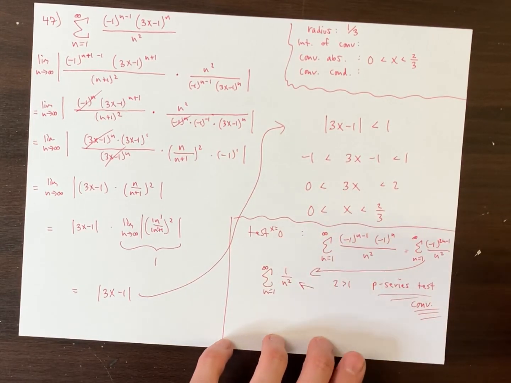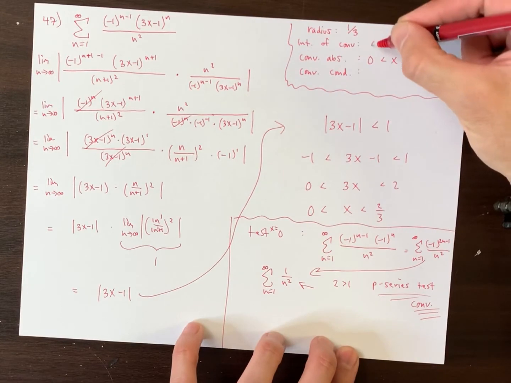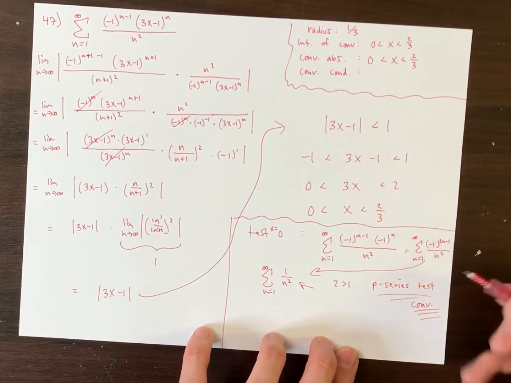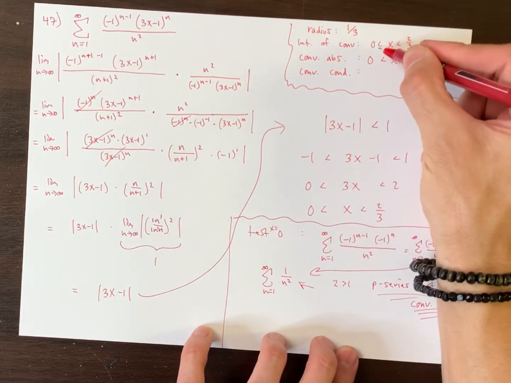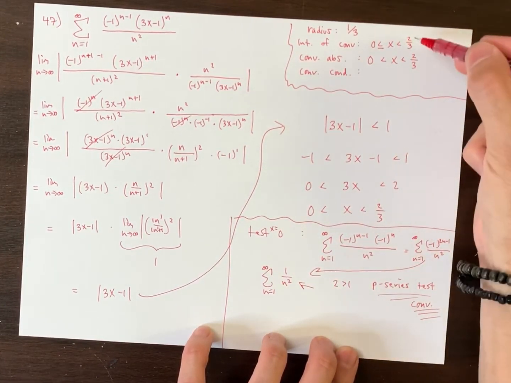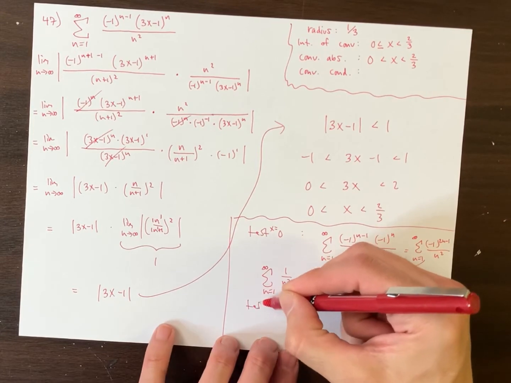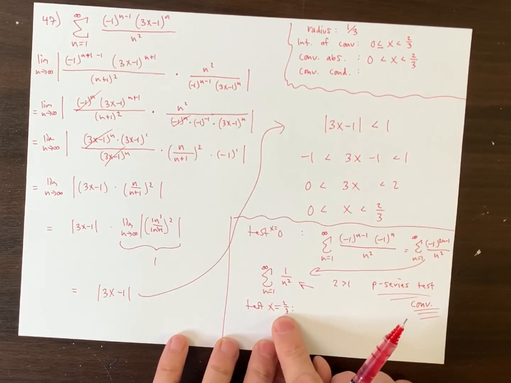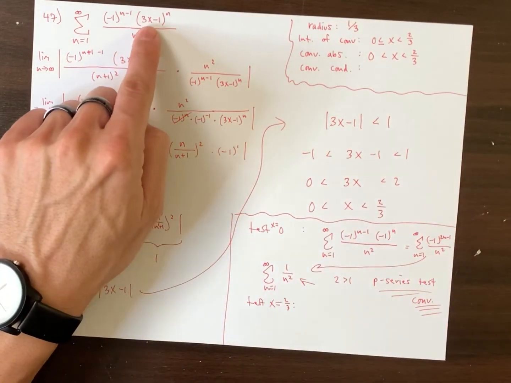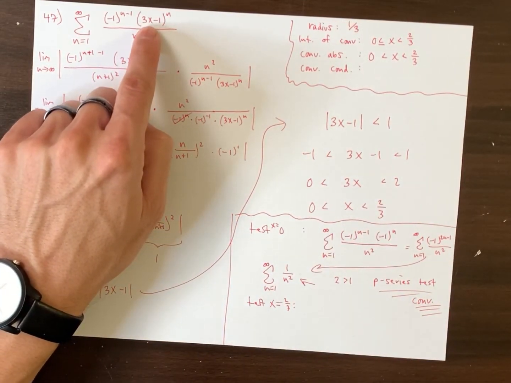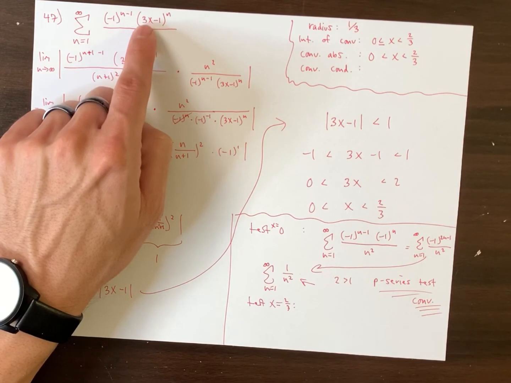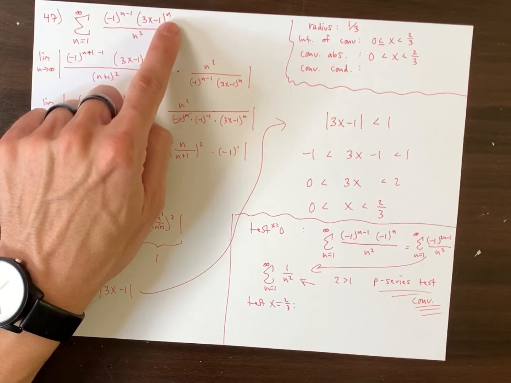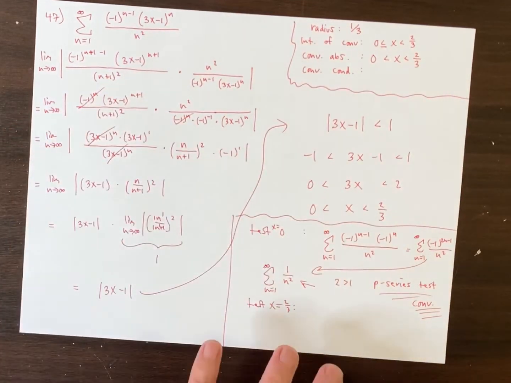So what I'm saying is, for your interval of convergence, which is at least the absolute interval, at 0, it worked. So I put equality there. Now let's test 2/3. X equals 2/3. Plug in 2/3 for x in here. 2/3 times 3 is 2. 2 minus 1 is 1. So it'd be 1 to the power of n, which is just 1, which disappears.